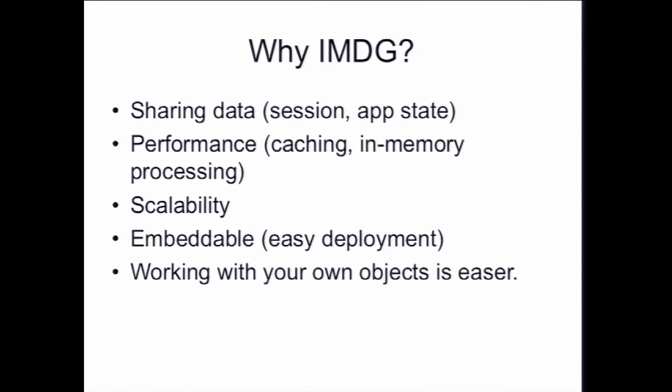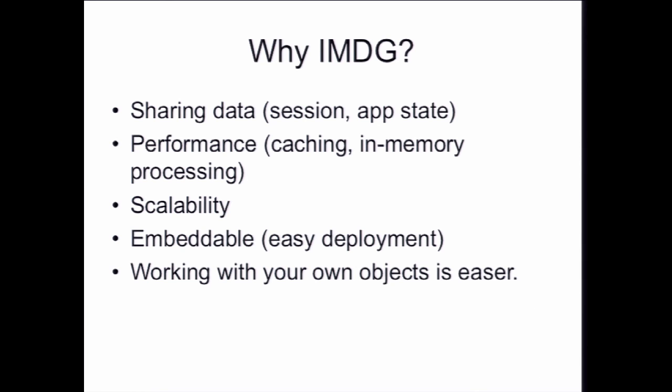The users or deployers of the application don't have to set up a different cluster and then maintain it. It can be part of the application, and it can start inside the application.